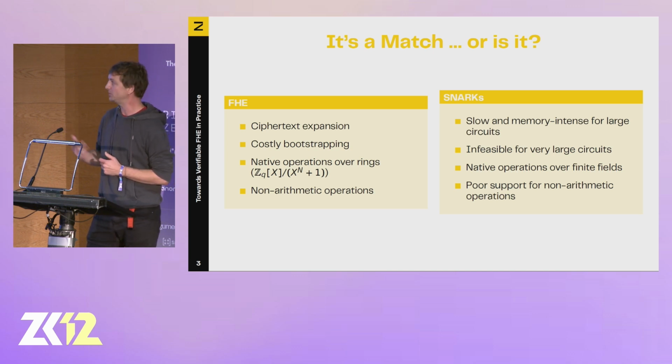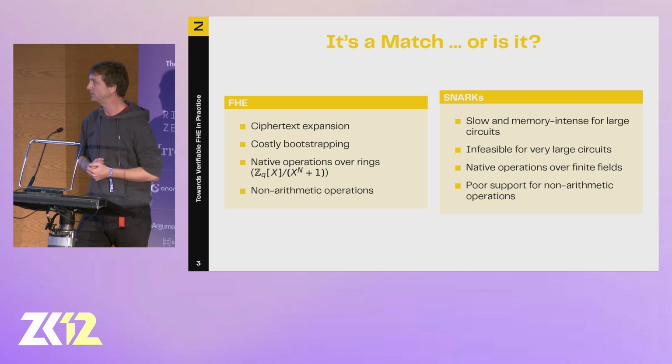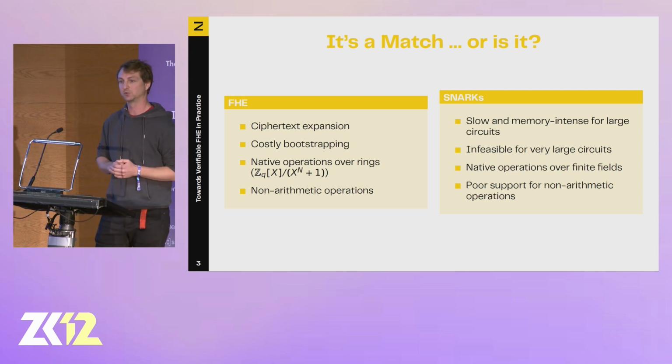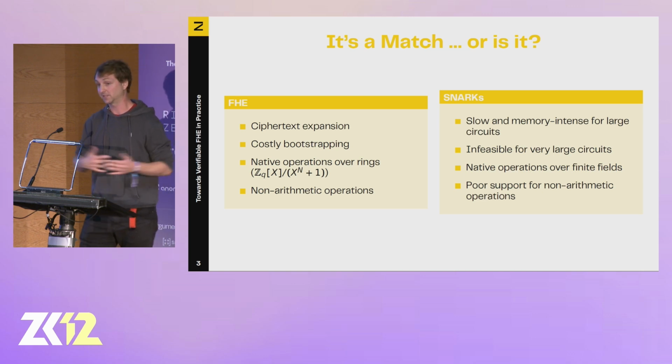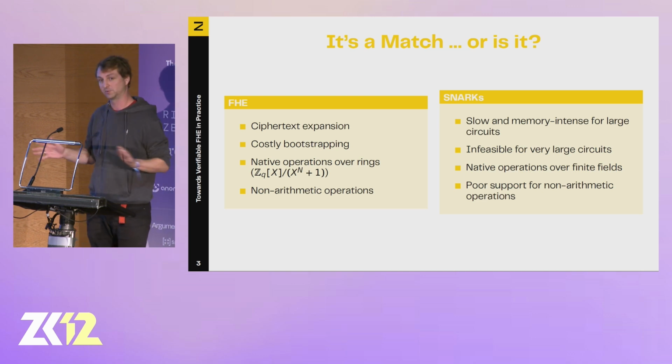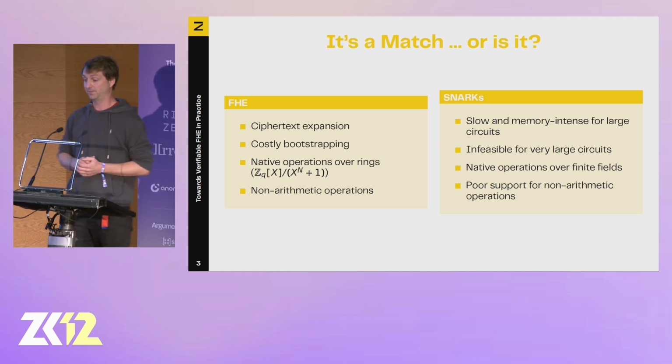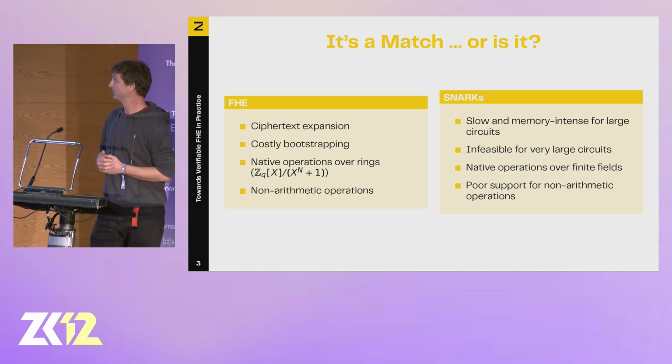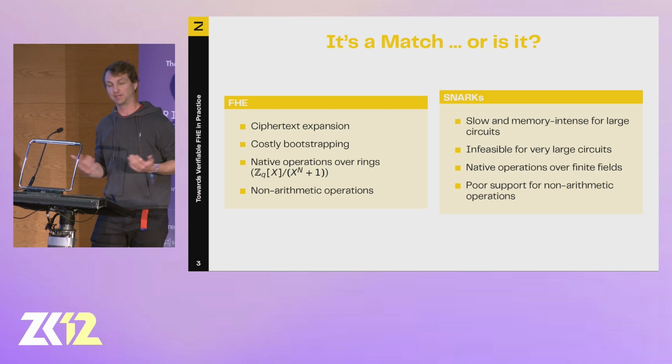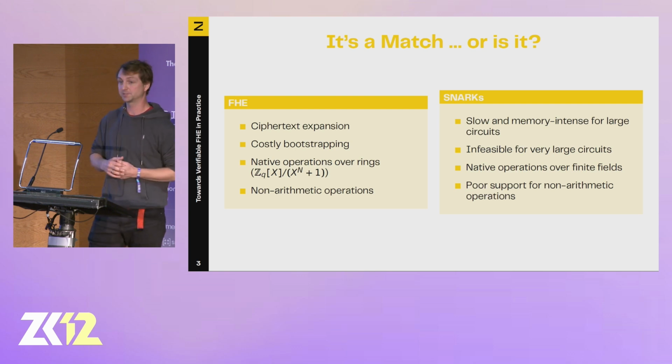In TFHE, it's usually chosen to be 2^64 or something to make operations very efficient. Other schemes need this to be a product of many primes, so there are different requirements for different schemes. And typically this is not a prime, so you can't usually rely on prime fields, while most SNARKs have their operations natively over finite fields, and that's important for security.